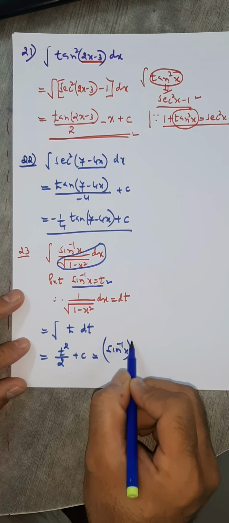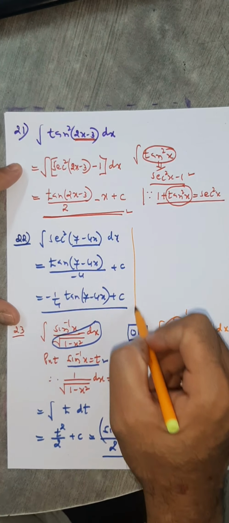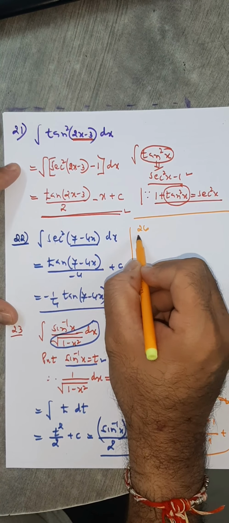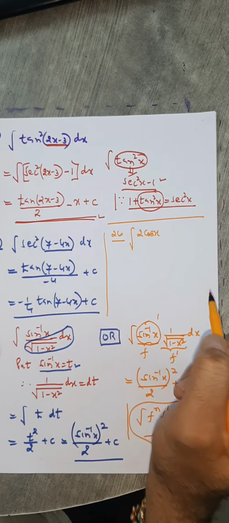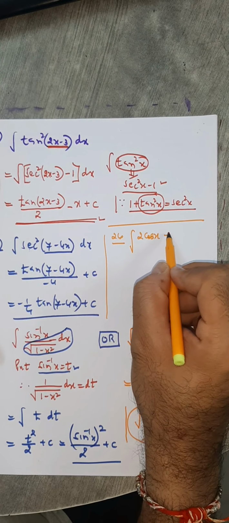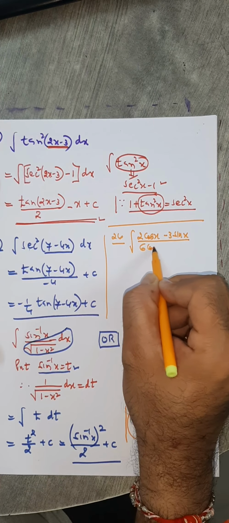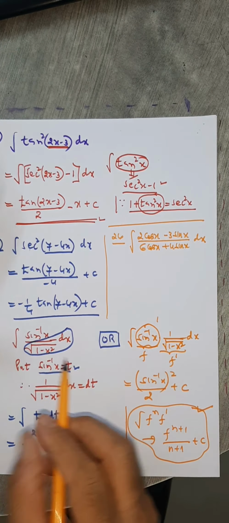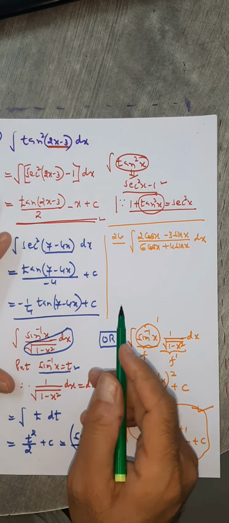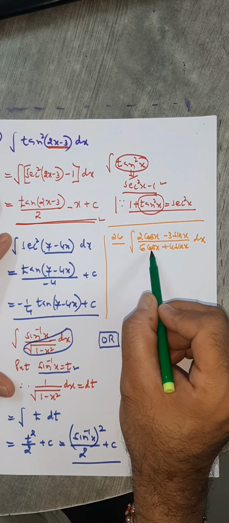Okay. Fine. Next, let's go to question number 24. Integral of twice cos x minus 3 sine x upon 6 cos x plus 4 sine x. So you can see here that if you see the derivative of this precisely, what's the derivative of cos?